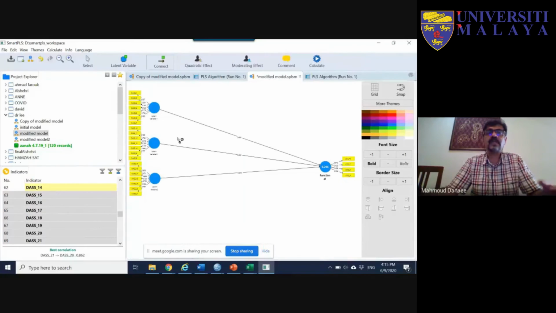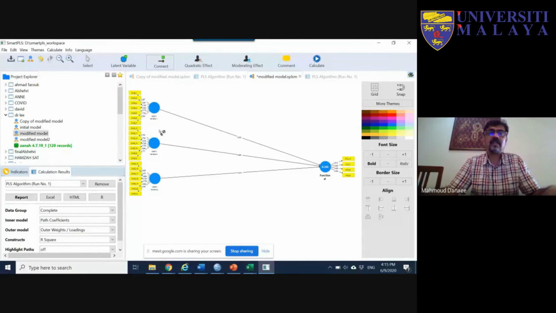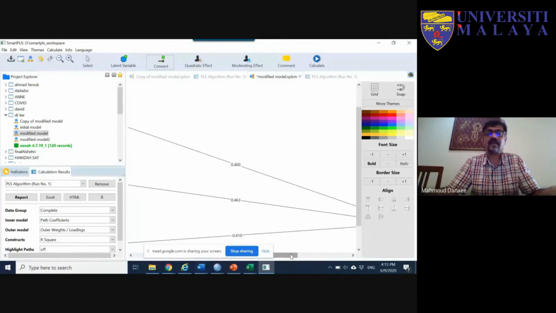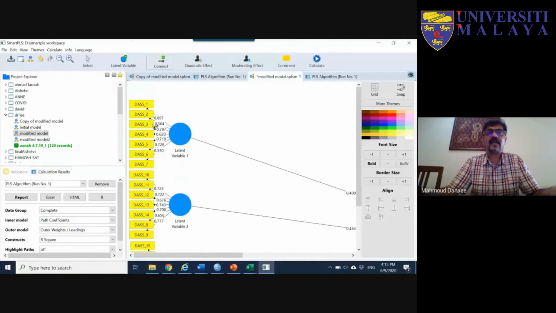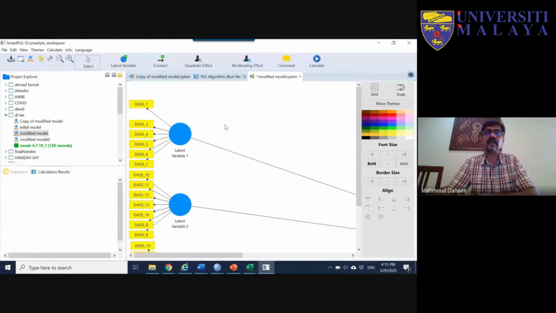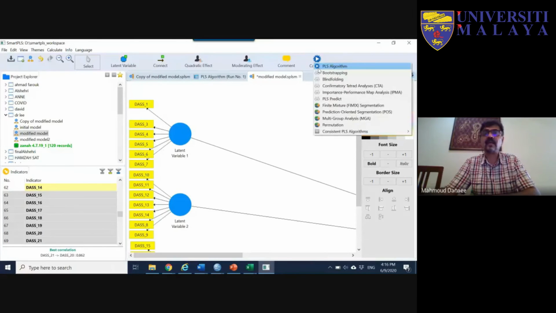So it means we have to look at the loadings. As you can see here, some of the items, the loading should be above 0.5. So as you can see here, this number 2, the loading is low, so I have to drop it and then run it again.